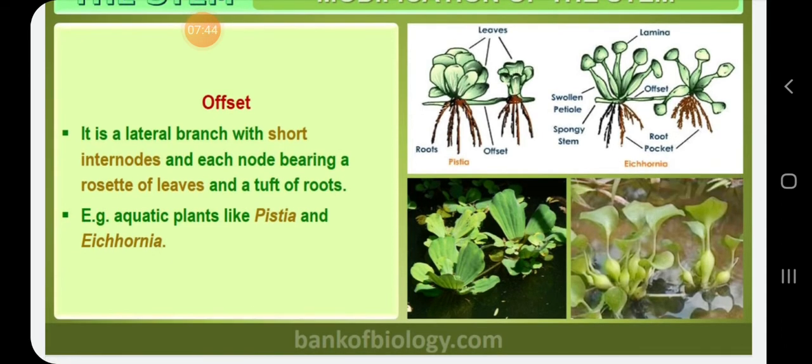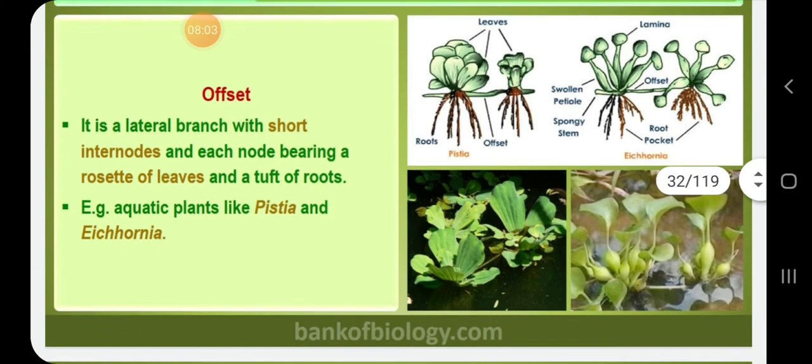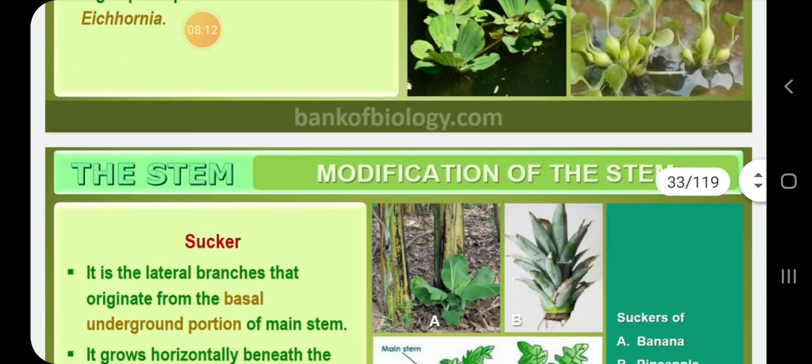That means the aerial part at the top will grow into a rosette or group of leaves, and at the bottom it will have a tuft of roots. These are mostly floating plants. So this type of modification of a stem is known as offset, and offset is a stem between the two rosettes. For example, aquatic plants like Pistia and Eichhornia.